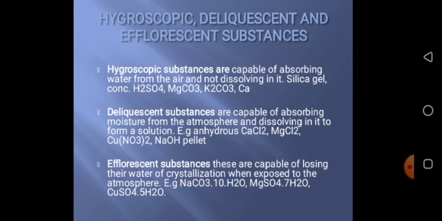When you bring sodium carbonate decahydrate and leave it open, for instance, you measure some amount of this salt and expose it to air. When you come back and measure it again, the quantity has reduced because it has lost some water into the atmosphere.